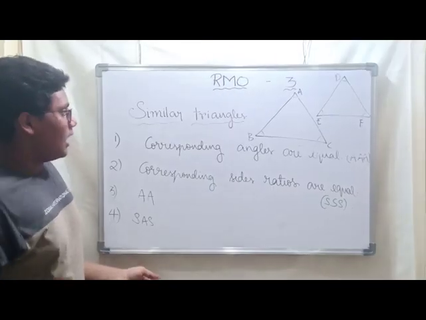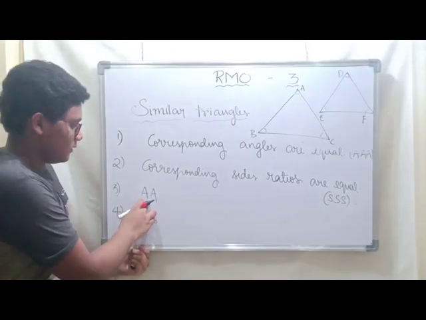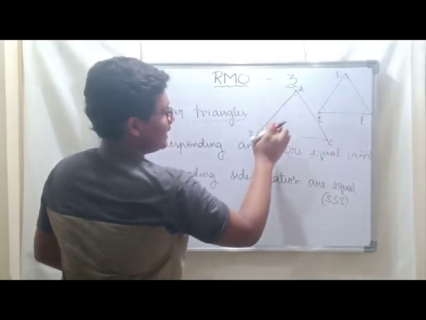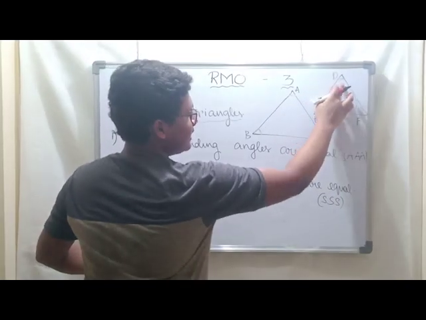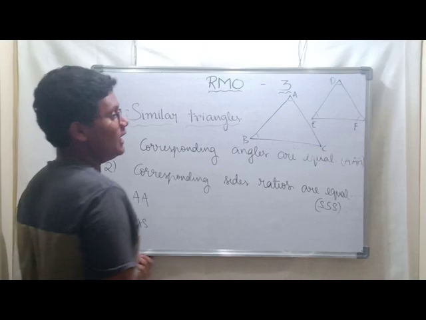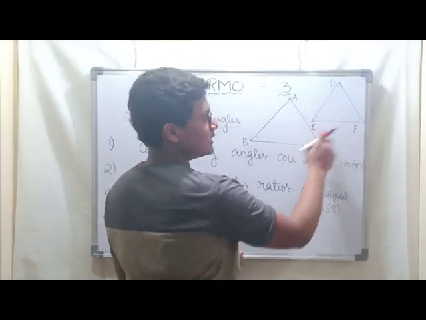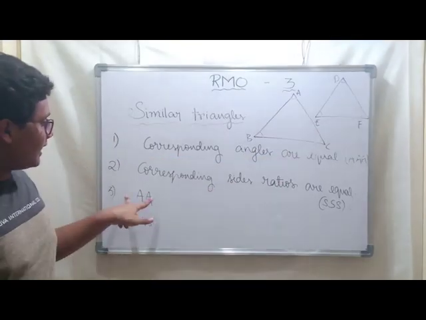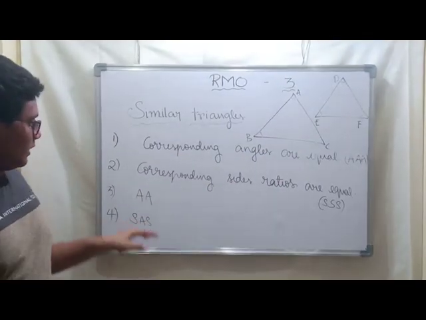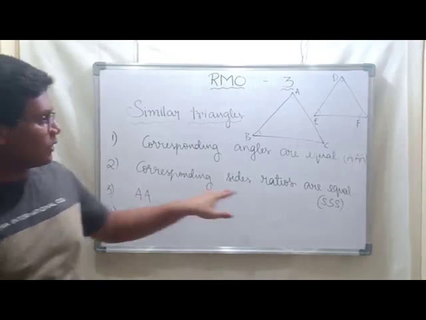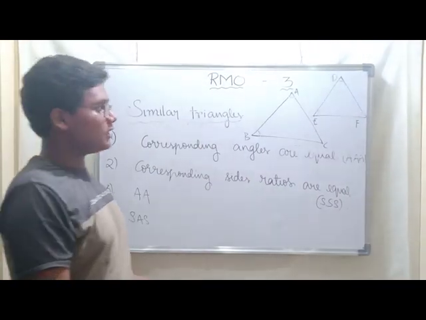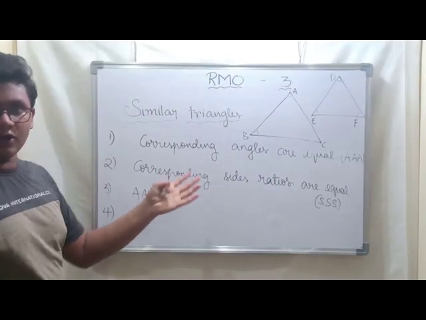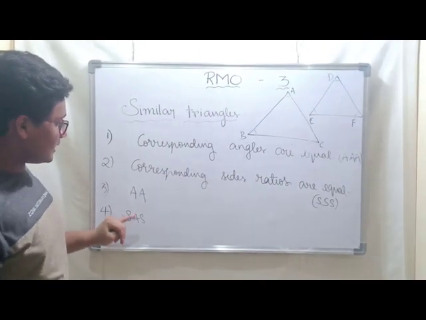If two angles are equal, then automatically the third one will be equal. So AAA similarity and AA similarity will be the same. If two corresponding angles are equal in two triangles, that will also be similarity of triangles.